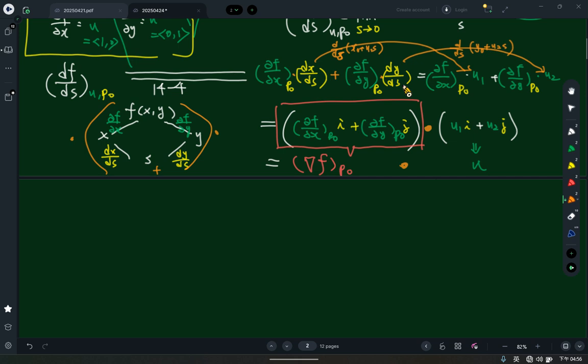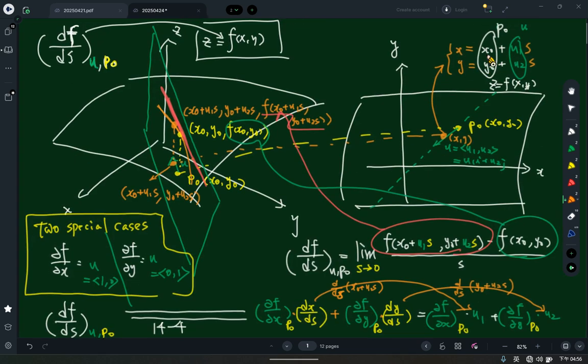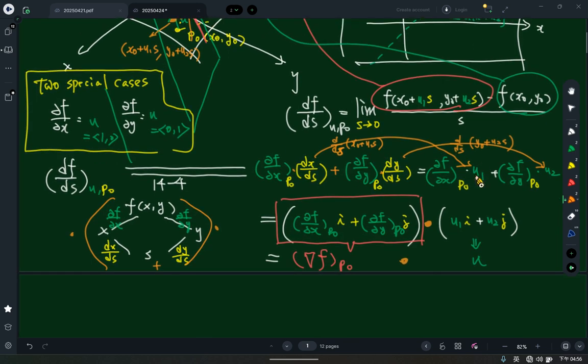Actually, this is u1, this is u2, because you can find these two parameters, parametric equations over there, right? Then we can get u1 and u2. So this term times this term plus this term times this term.